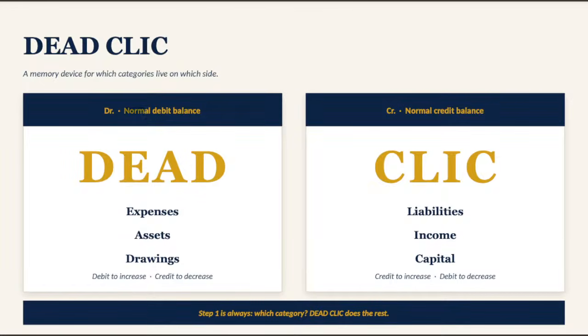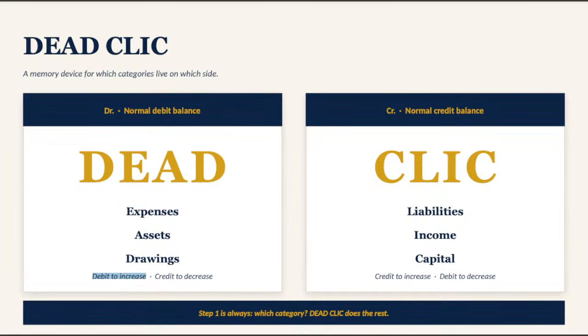All right, so on the normal debit balance, the accounts where you normally put the balance on the debit side, the left side, meaning most of the activity, you're increasing it on the left side. Expenses: if you're increasing expenses, it goes on this side. Increasing assets, like money going into the bank account, goes on the debit side. And drawings: if you're drawing from an account, that would be on the debit side. Every time you make a drawing, the addition to it would be over here.